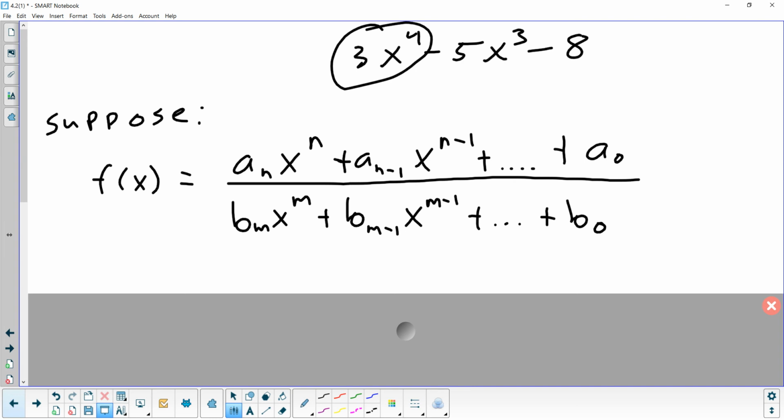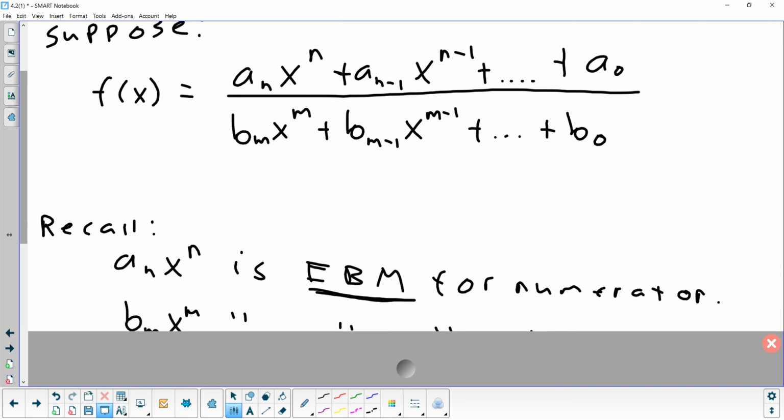Well, when we want to find an EBM for a rational function, it's basically the same thing we did in chapter 3. Find the EBM of the polynomial in the top, find the EBM of the polynomial in the bottom, and then divide the two. And that's how you find the EBM of a rational function.